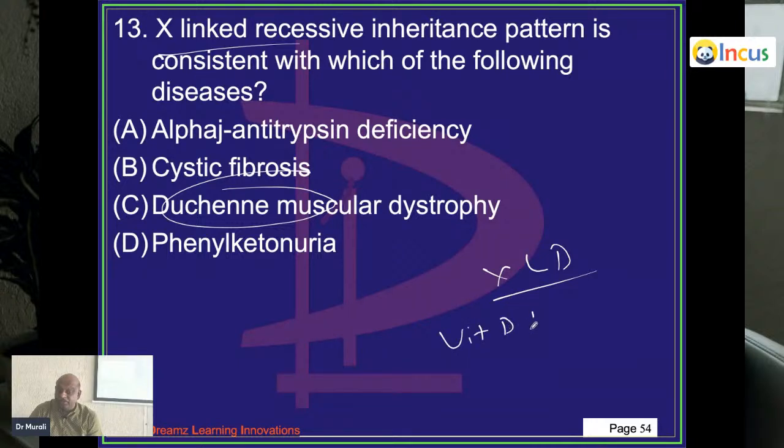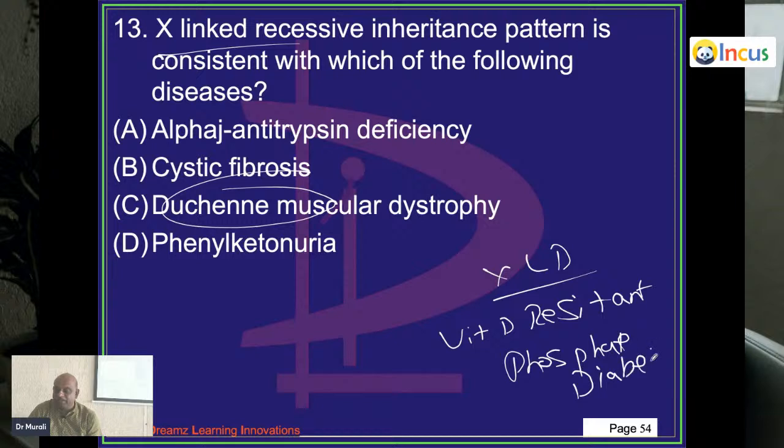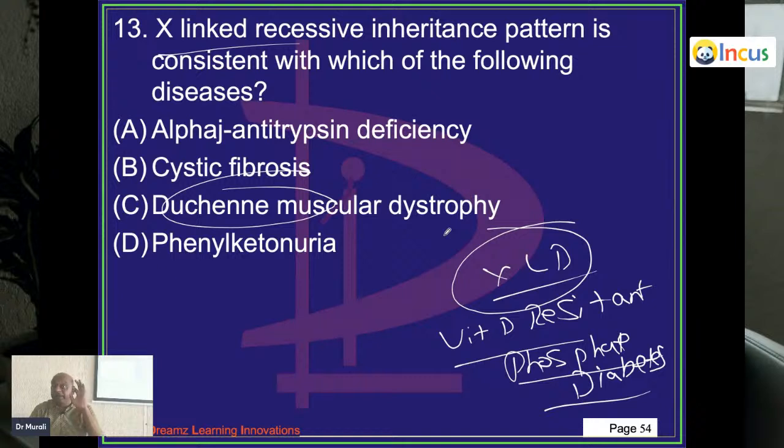Vitamin D resistant rickets. It's also called phosphate diabetes. Phosphate diabetes is the other name given for that. So vitamin D resistant rickets is X-linked dominant, is what you have to emphatically remember for tomorrow's exam.